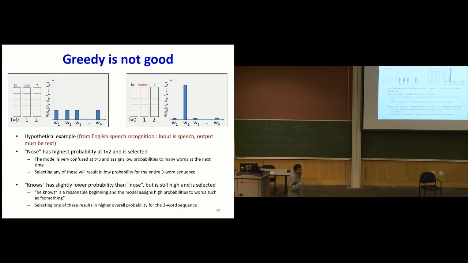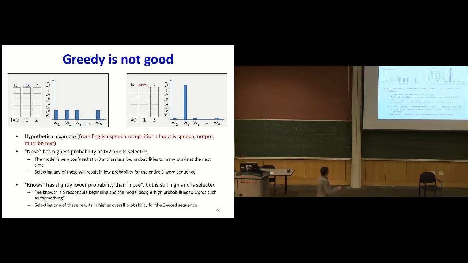On the other hand, at the second time instant, maybe this word knows with a K has a lower probability than the word nose representing the object on your face. But if you chose knows over here, then at the next instant you might get a probability distribution of this kind, where he knows something. The probability for the word something is going to peak, as opposed to other words.